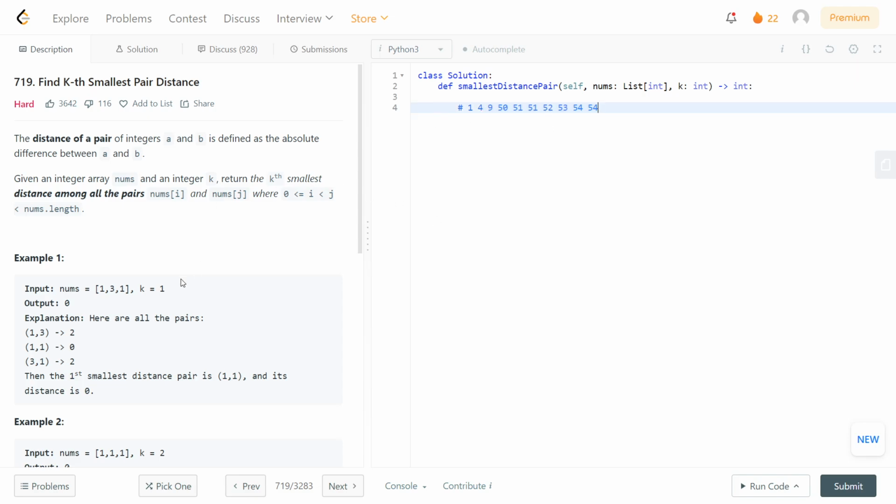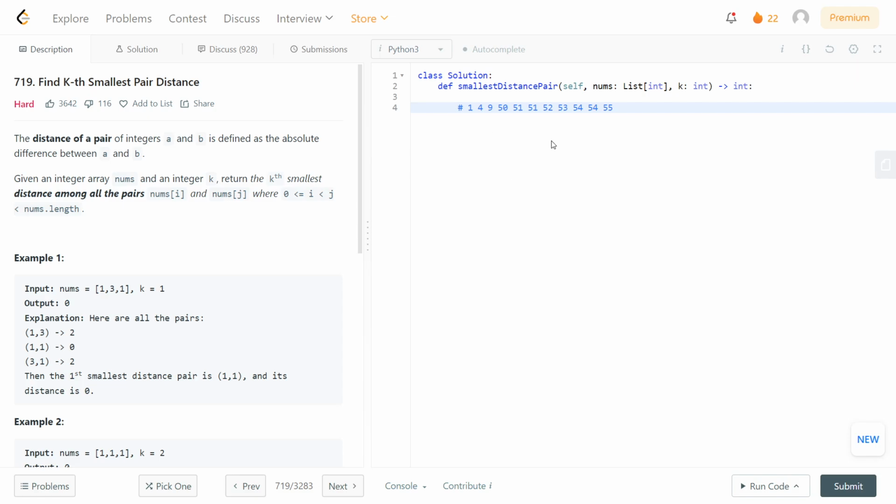And we already know the maximum distance, which is the maximum number minus the minimum number. Let's have 55 here to have it easier. So 55 minus 1, that's 54. That's the greatest distance between two elements of a pair.